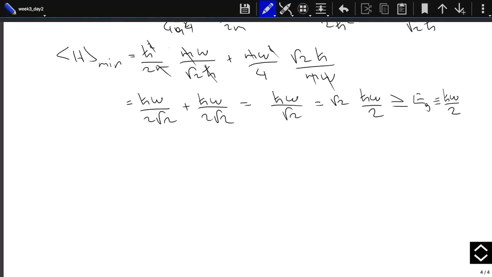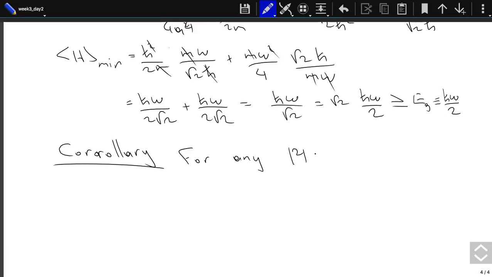Now, there is a related theorem, or let's say a corollary. We know that for any psi, the matrix element of the Hamiltonian in this state is always larger than or equal to the ground state energy. So we get an upper bound for the ground state energy for any system.